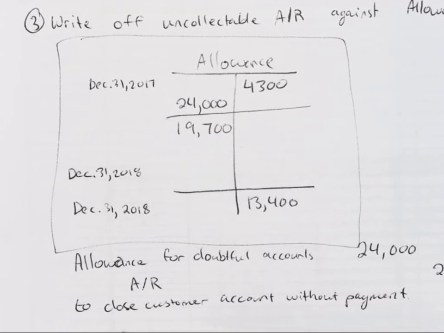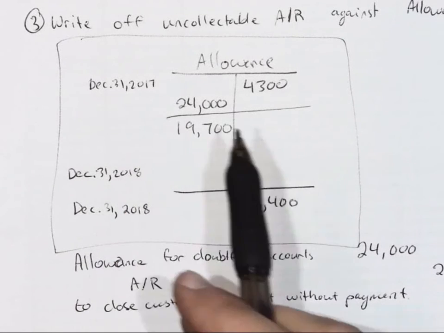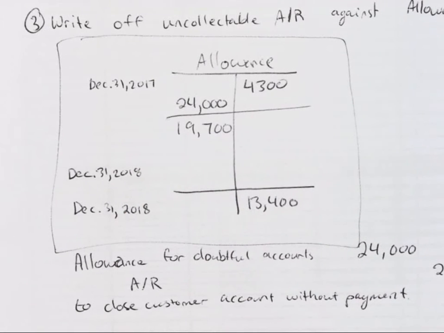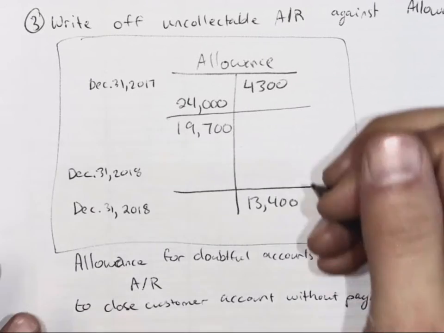How do we get a 19,700 debit balance to become a 13,400 credit balance? Would you credit 33,100? Yeah, you would. 33,100. Yeah.